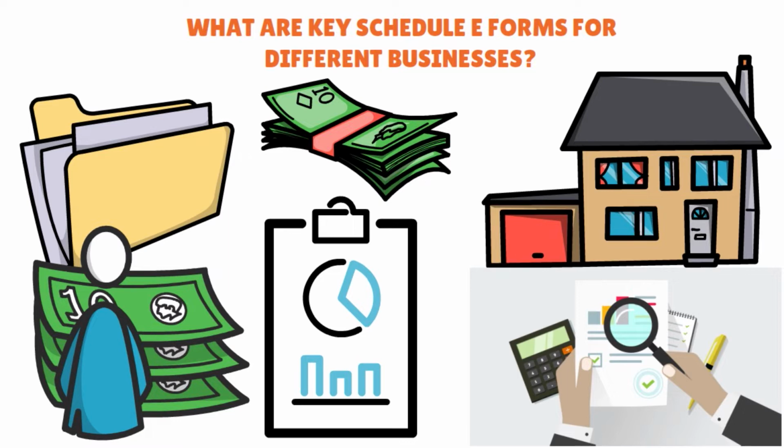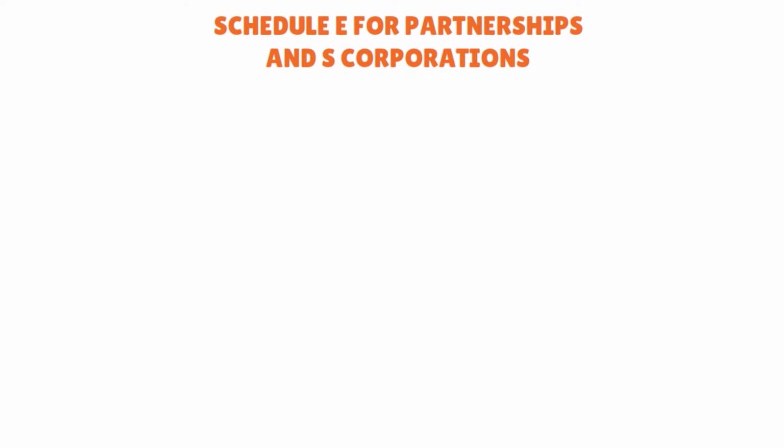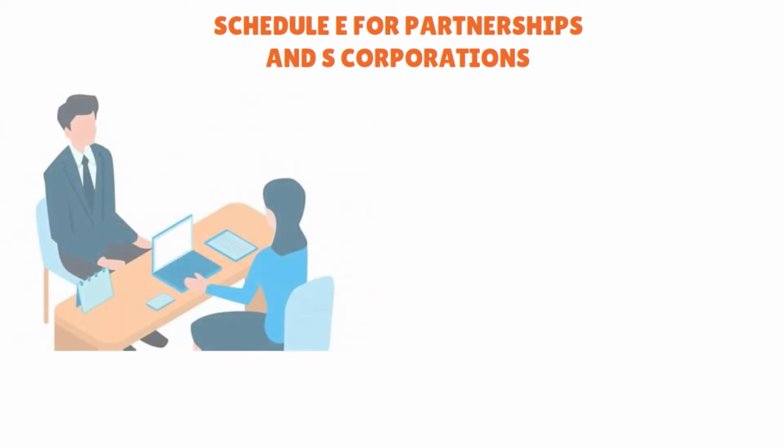So what about Schedule E for partnerships and S corporations? The Schedule E is used to report income for individual partners in a partnership and for owners of S corporations. So the income of the business for the year is calculated, and the profits or losses are distributed to the owners in the form of a Schedule K1.